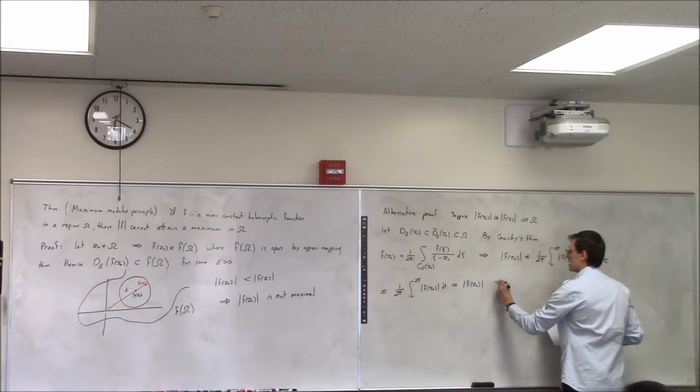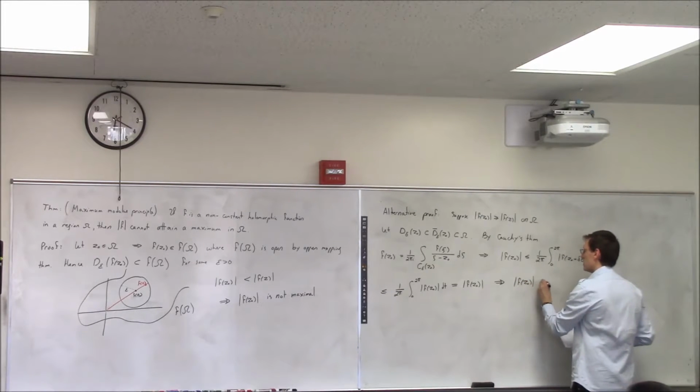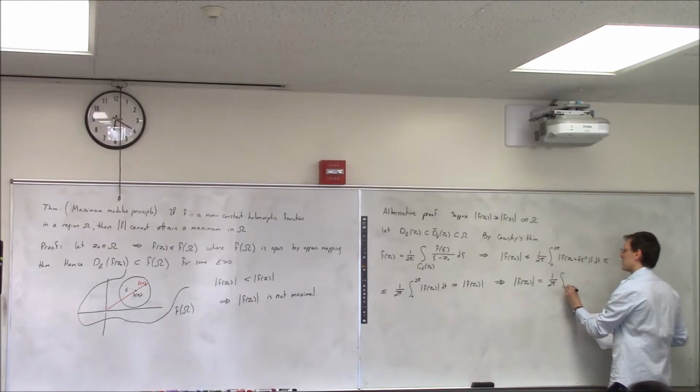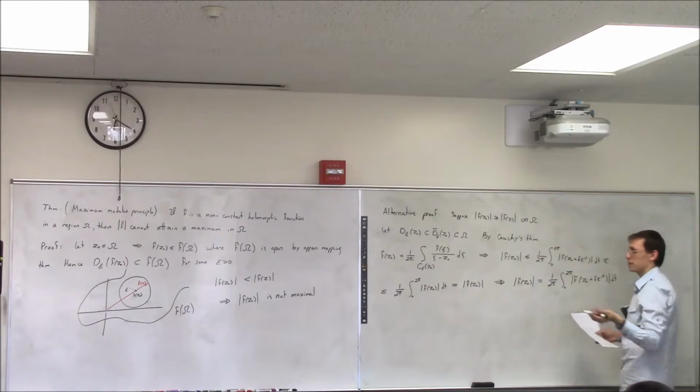So the consequence is that the modulus of f of z0 is in fact equal to 1 over 2 pi integral from 0 to 2 pi of the modulus of f of z0 plus delta e to the it dt. So it's equal to the average.